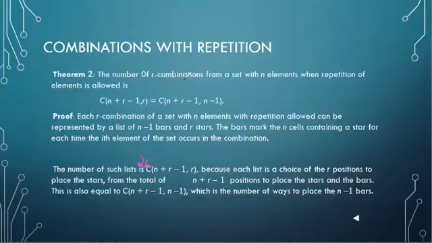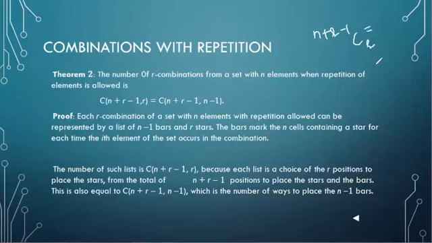The next is combinations with repetition. The number of r-combinations from a set with n elements, when repetition of elements is allowed, is n plus r minus 1 C r. So this is denoted by n plus r minus 1 C r.